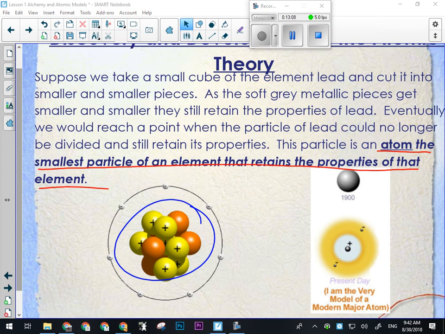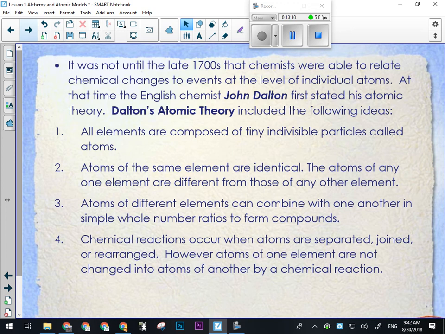The first person to resurrect Democritus's idea of the atom was John Dalton, who is credited with developing and proposing the atomic theory. Dalton's atomic theory consists of 4 points.